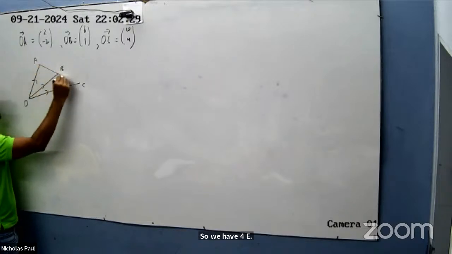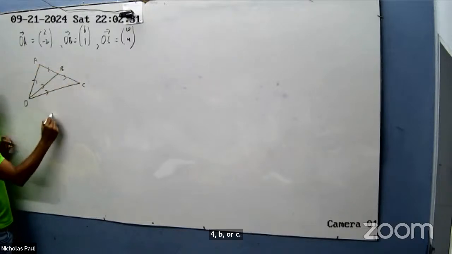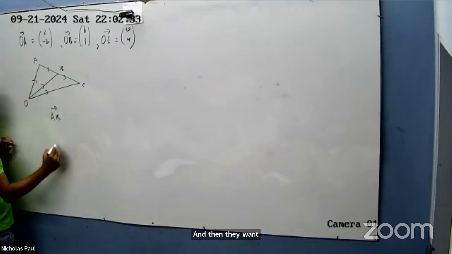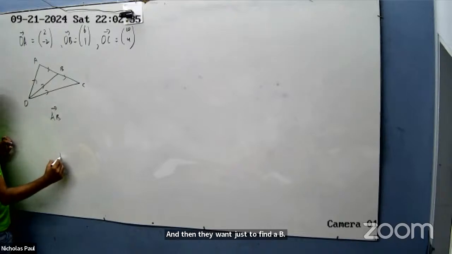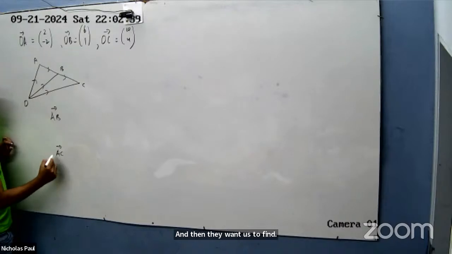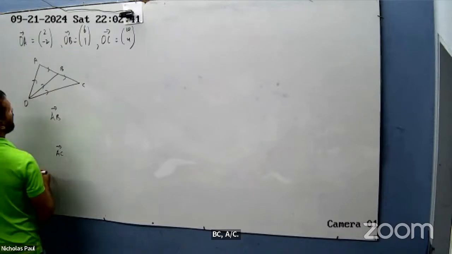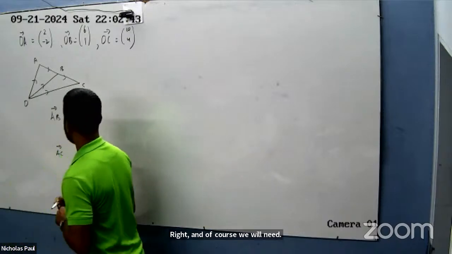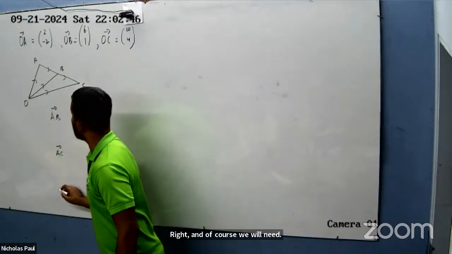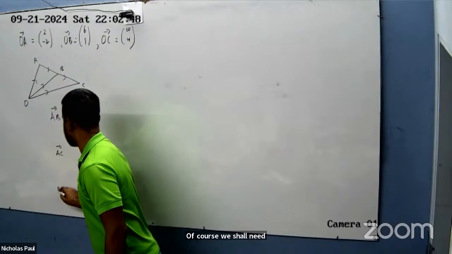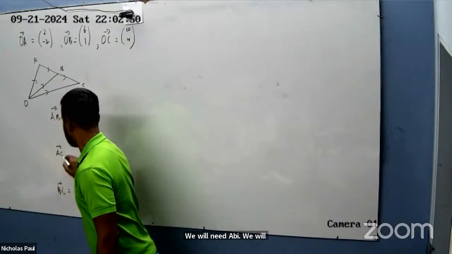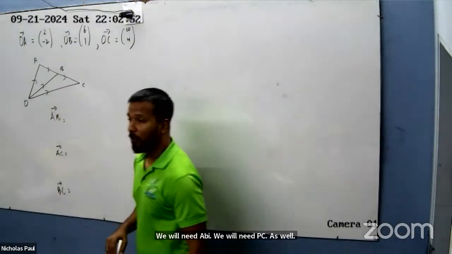And then they want us to find AB, and BC, AC. And of course, we will need BC as well. So let's find all. Look at the diagram.